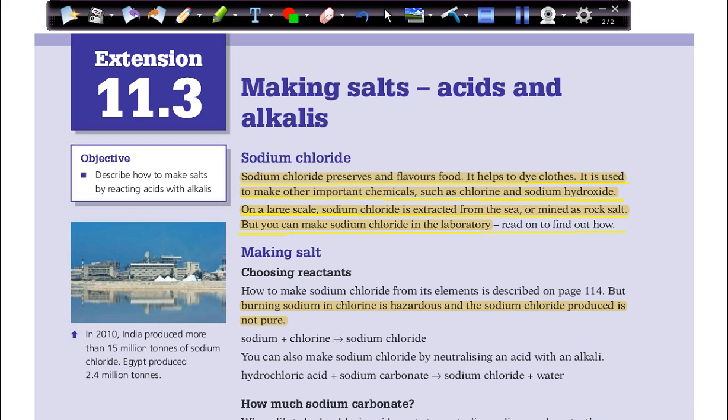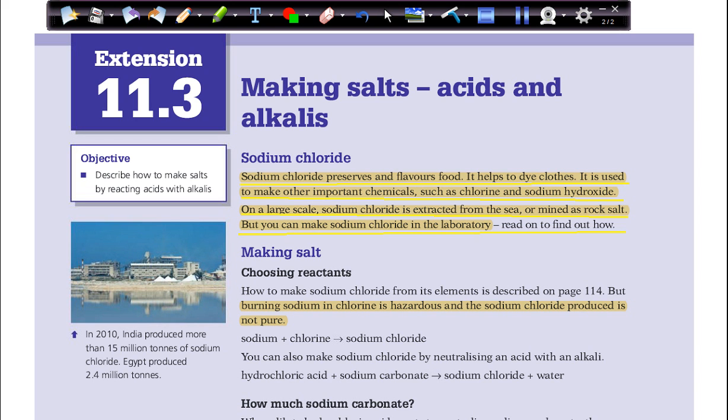In any reaction or any experiment, you have to take care of these risks. You have to control risks and use the safest way to react chemicals or to produce any product that you want. So don't just use any chemicals or choose any reactants. You have to consider the hazard.